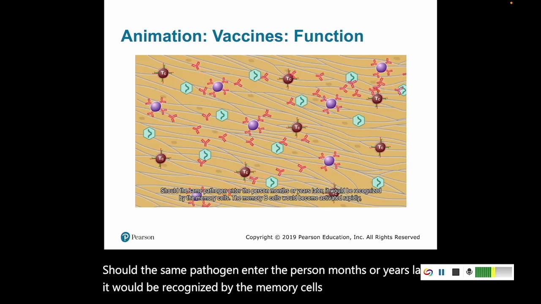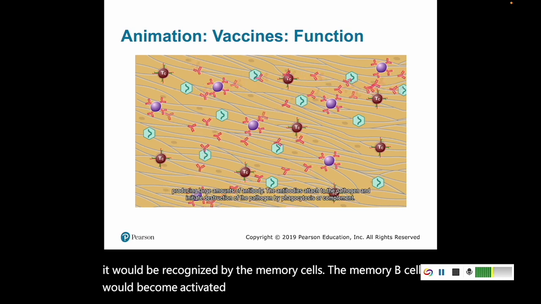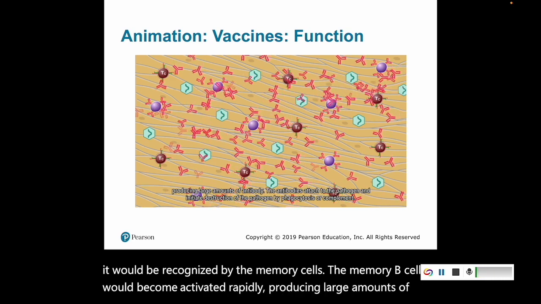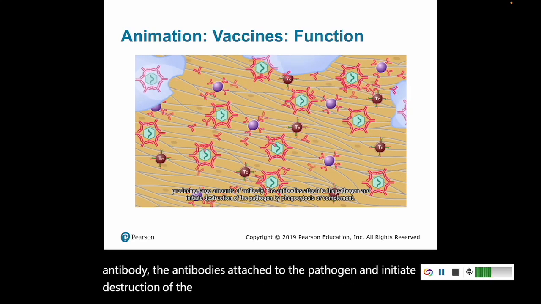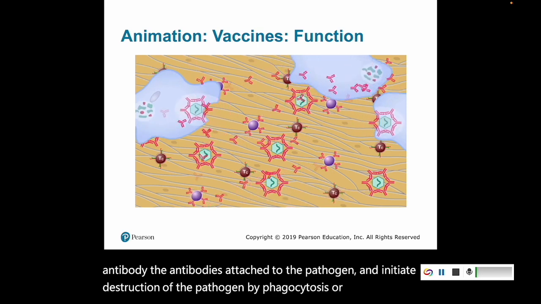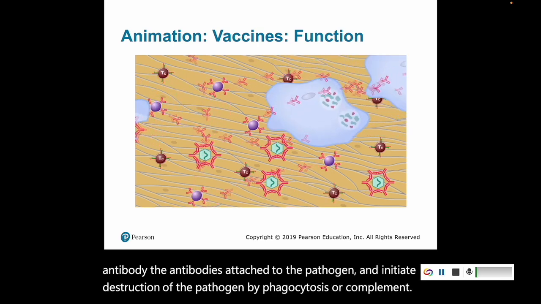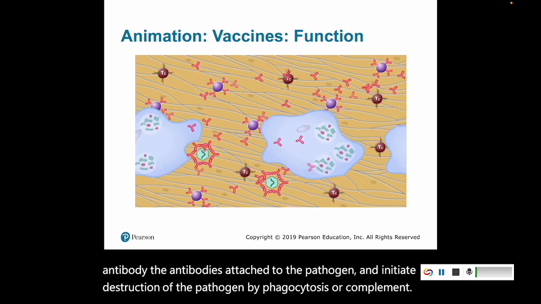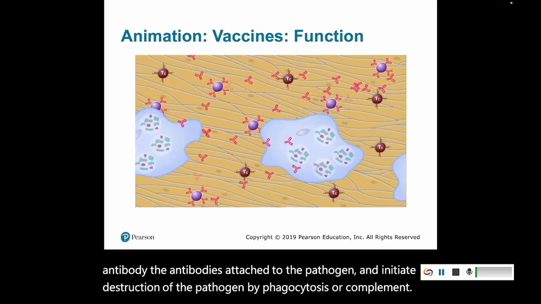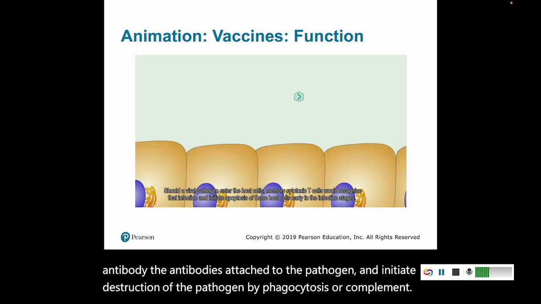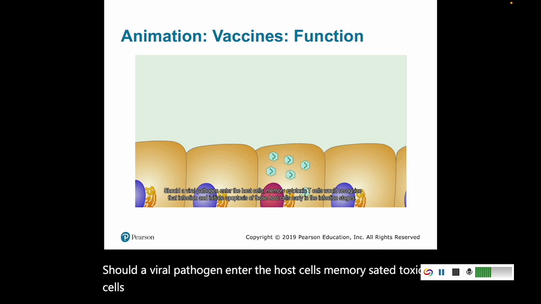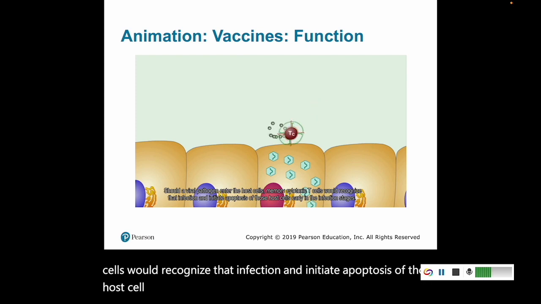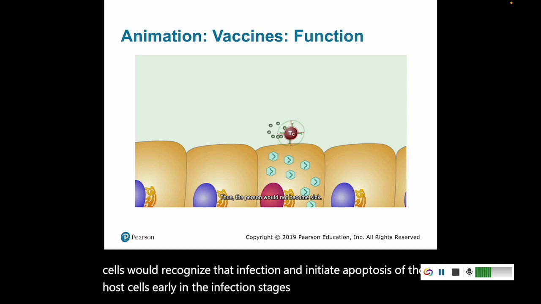The memory B cells would become activated rapidly, producing large amounts of antibody. The antibodies attach to the pathogen and initiate destruction of the pathogen by phagocytosis or complement. Should a viral pathogen enter the host cells, memory cytotoxic T cells would recognize that infection and initiate apoptosis of those host cells early in the infection stages. Thus, the person would not become sick.